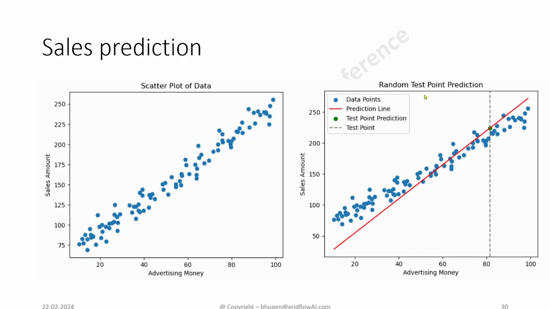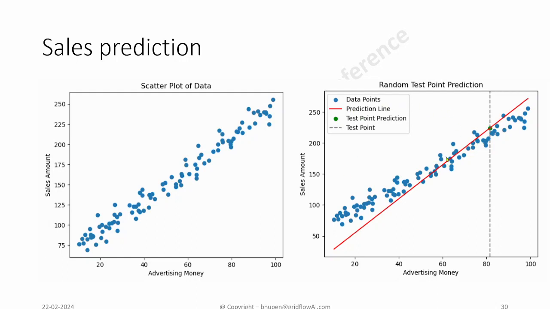So the machine learning model is going to learn. This red line that you see here is the pattern the model has learned from the data, which is sales amount and the advertising money. And based on that, it has drawn a red line. This is called the prediction line.